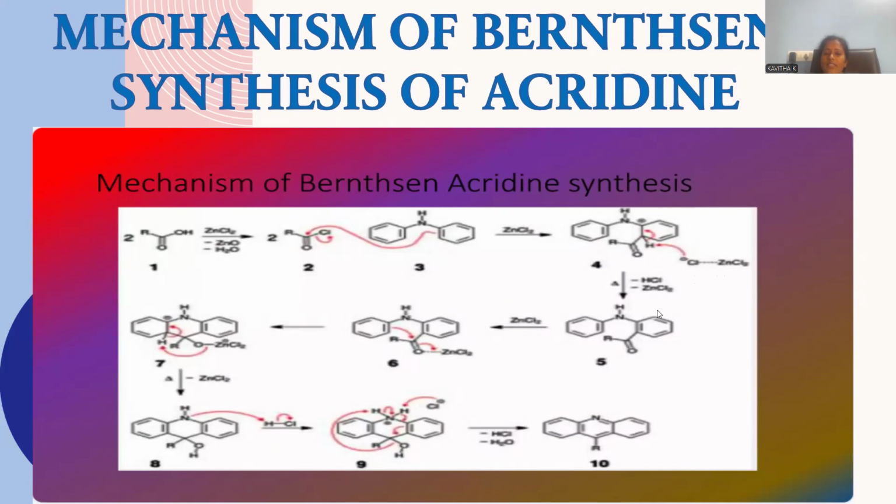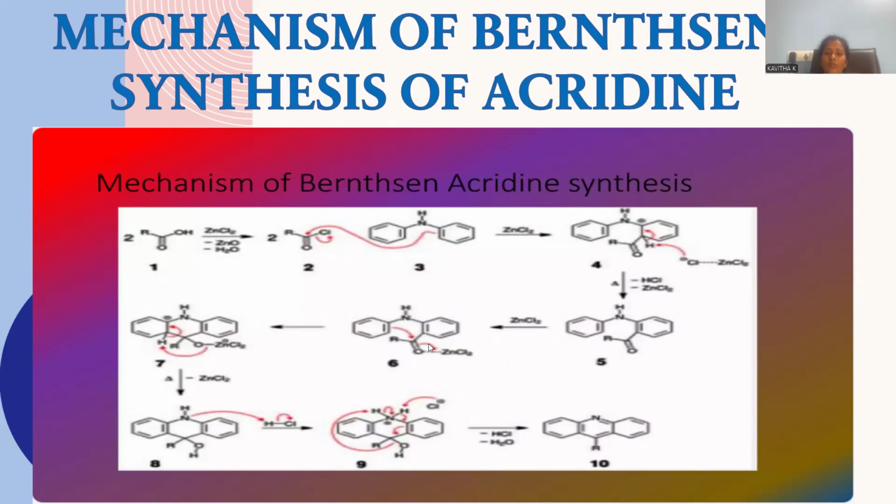Subsequently, hydrochloric acid and zinc chloride will be departed from the system, giving rise to aromaticity within the molecule. Later, one more zinc chloride is operated upon that acid chloride acylated product, which will be coordinated with the zinc chloride. There is a coordination in between the oxygen and zinc metal, and that will participate in the ring cyclization.